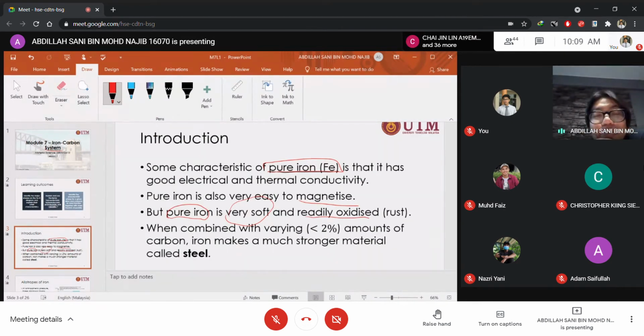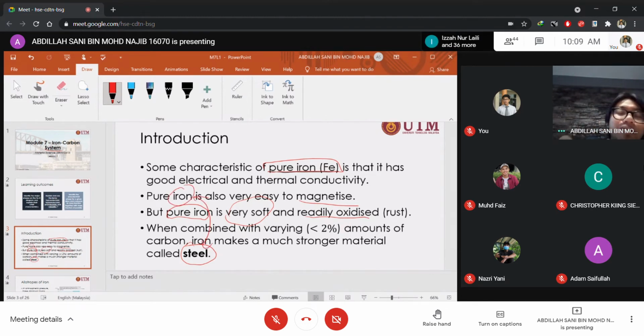So what we do is add some other element, and in this case, because we are focusing on iron carbon, when we say iron, we always relate it with steel. If you don't study material science, maybe you cannot differentiate what is iron and what is steel.